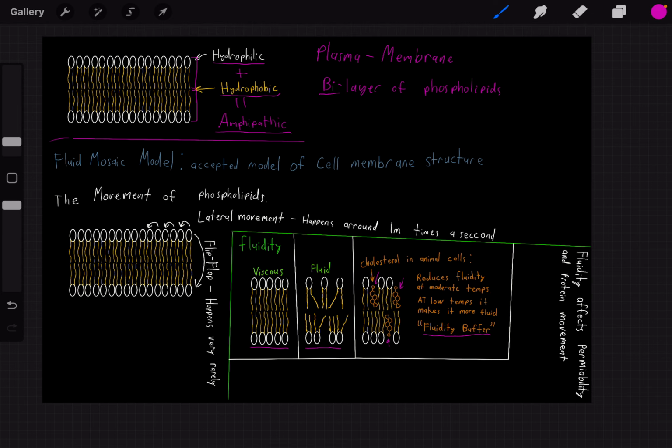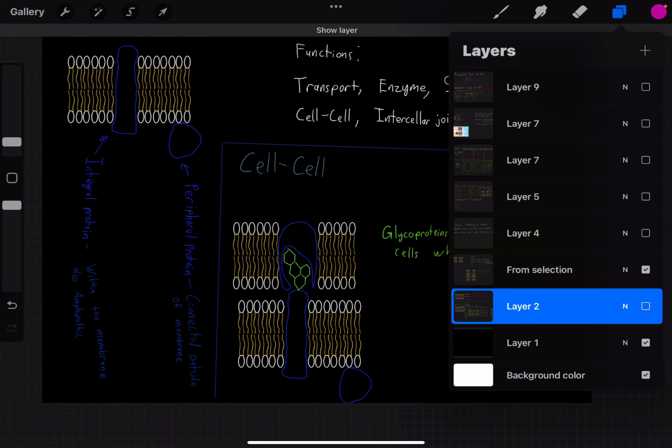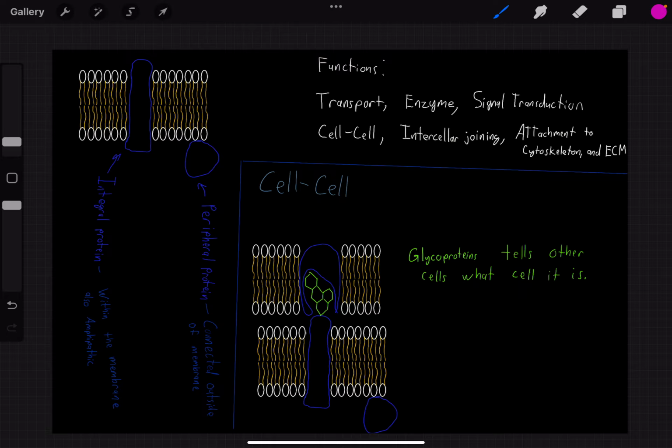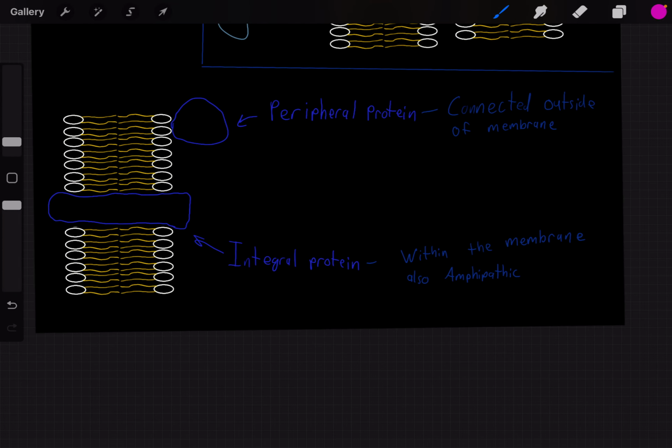Now that we're done talking about the actual plasma membrane, the movement of the phospholipids, and the fluidity of the membrane, we can talk about some protein structures in the plasma membrane.